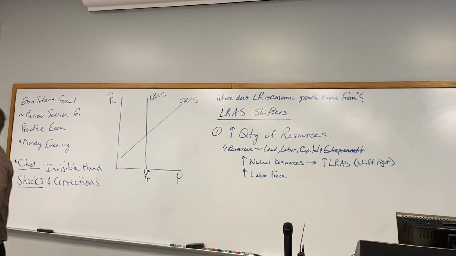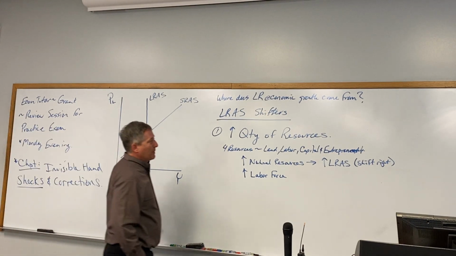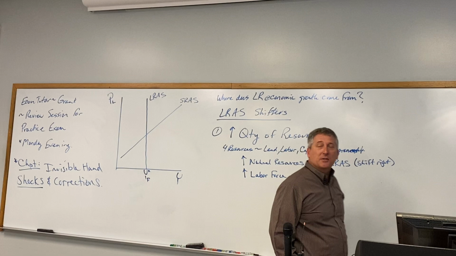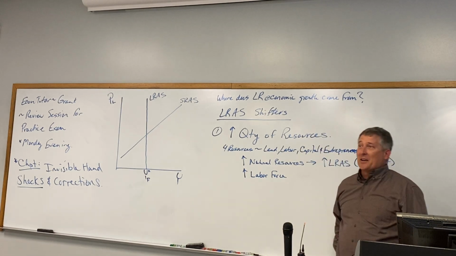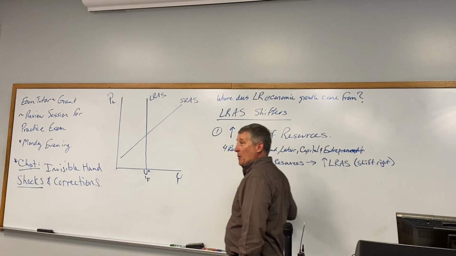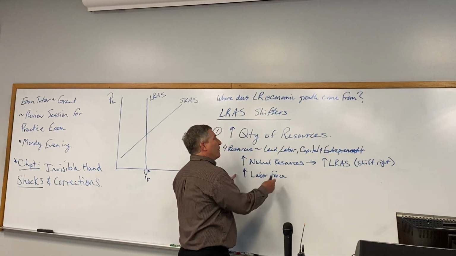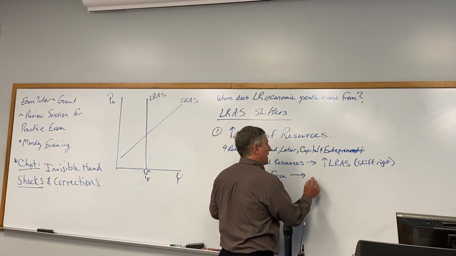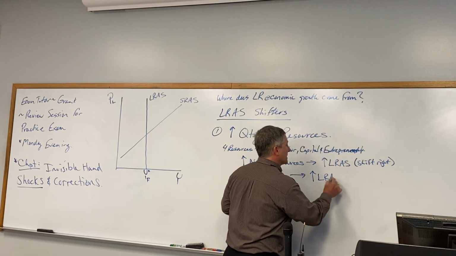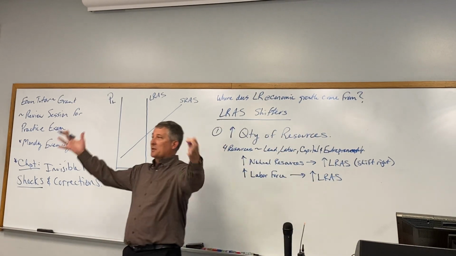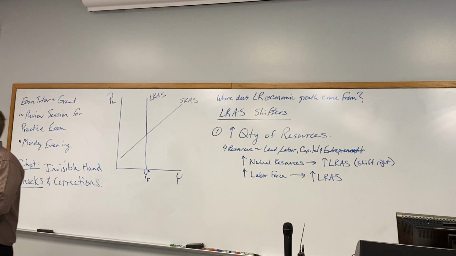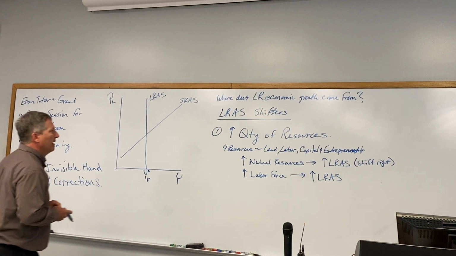So we had what's called the baby boom. The baby boom was this large influx of people that came in after World War II. So about 16 years later, those kids are entering the labor force. Well, what happened to that? An increase in the labor force caused an increase in the long-run aggregate supply. We have more resources running around our island now with the extra babies that are now 16.